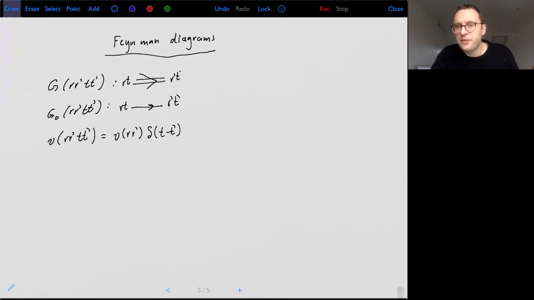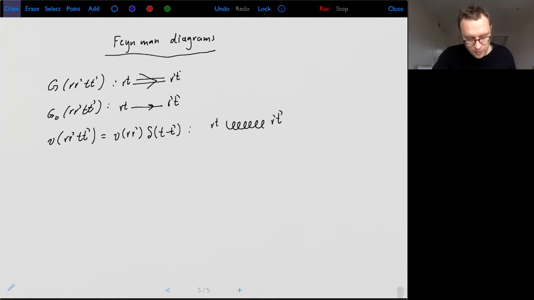But if you have a retarded interaction, like the screened interaction, then of course you have some more complicated time dependence. And we'll draw this by a wiggly line like this that connects r t and r prime t prime. Right? So these are the three ingredients.